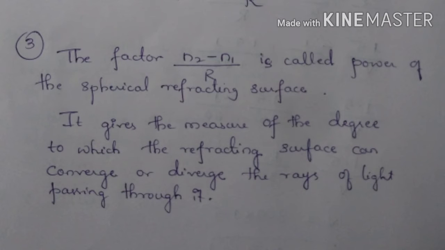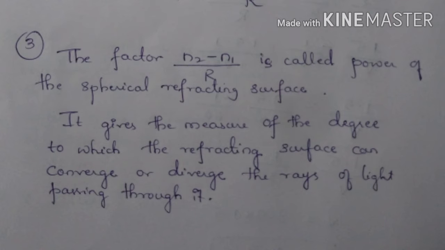The factor n2 minus n1 is called the power of spherical refracting surface. So the factor which we saw in the above two equations, that is n2 minus n1, can give the power of the spherical refracting surface. Now, what is the power of a spherical refracting surface? It gives the measure of the degree to which a refracting surface can converge or diverge the rays of light passing through it.